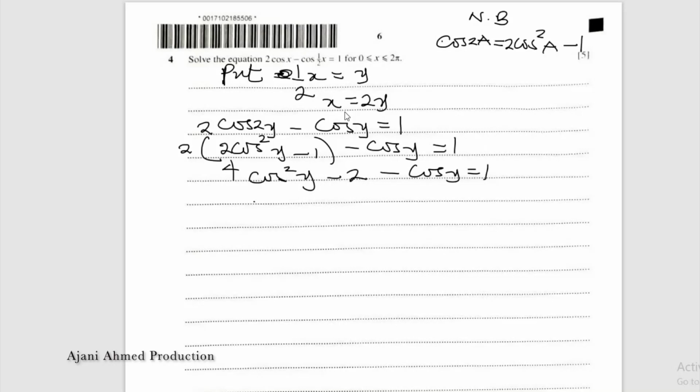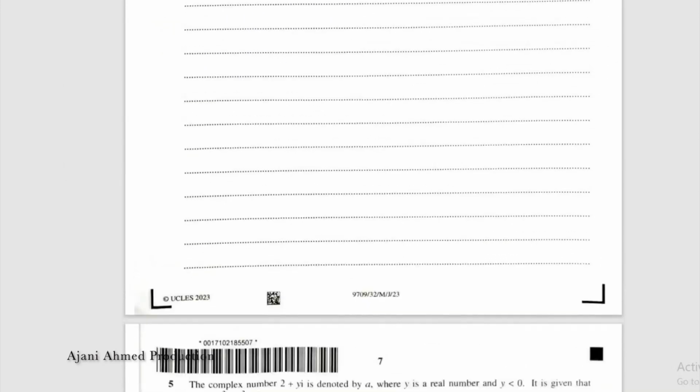So when we arrange, 4 cos square y minus cos y equal to minus 2 plus 1... flip to the other side, turn to plus 2, and 2 plus 1 is 3. So we have 4 cos square y minus cos y minus 3 equal to 0.